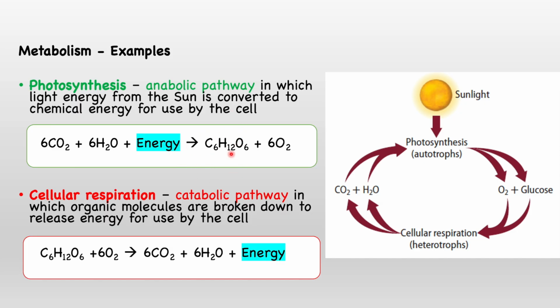So we store energy here. This is anabolic. Now, respiration is catabolic. Why? Because we break down the glucose in order to release energy. So this is another example of catabolic and anabolic metabolic pathways.